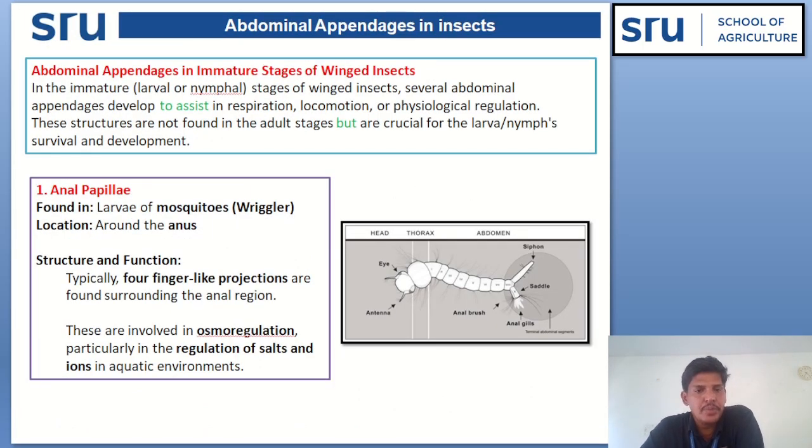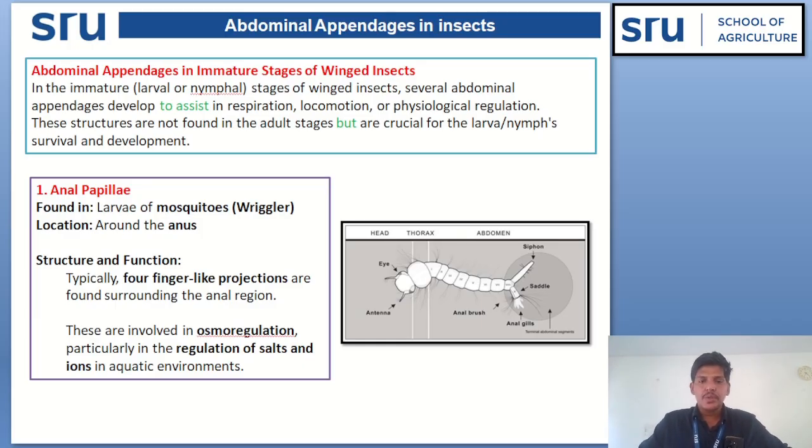So next we come to abdominal appendages in immature stages of winged insects. Immature stages mean the larvae of winged insects.